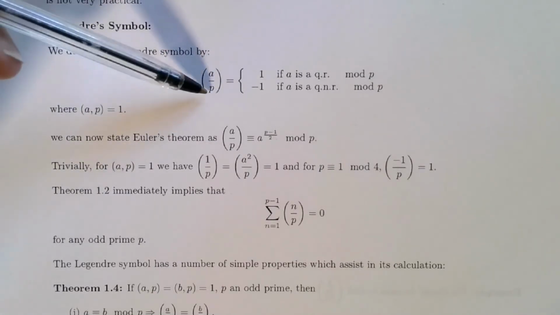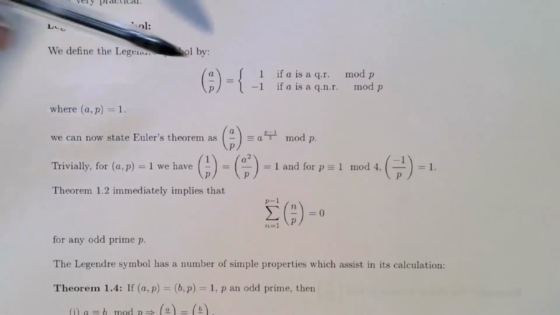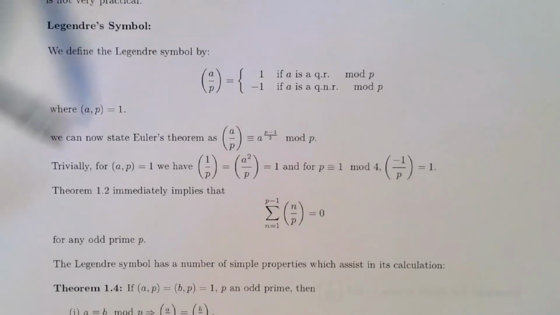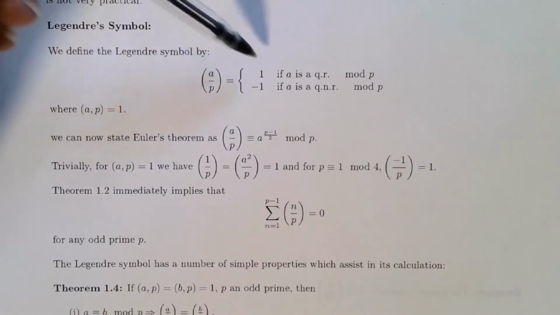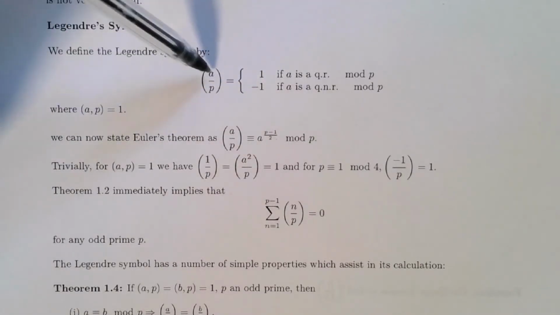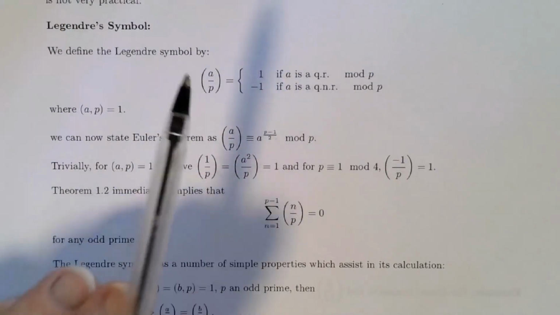So p is our prime, and a is some non-zero number in Z_p, where a and p are relatively prime. Whenever I write p, it's going to be a prime unless I tell you otherwise. We say that (a/p) is 1 if a is a square mod p, and this symbol takes the value −1 if a is a non-square mod p.